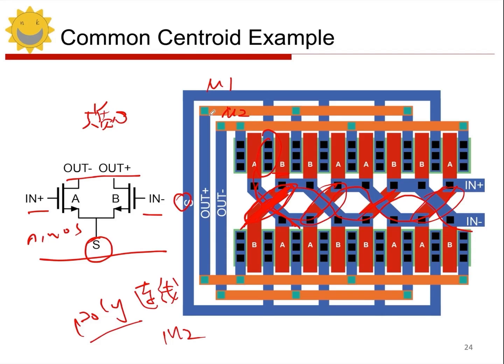Then, with the help of the via one, I can use M2 to connect it out, and that forms it. Positive and negative Vout. And over here, what do we have? The positive and negative input signals. So, in this way, we've completed the drawing of a common centroid layout of input transistors.